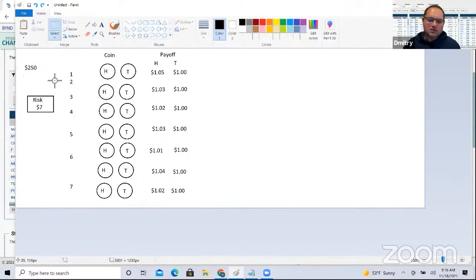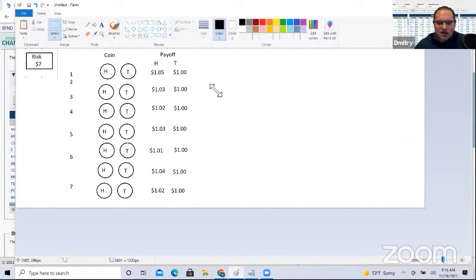So let me ask you this. If you saw this, does it make sense to you, now that we're looking at it, to say, I'm going to take $1, and I'm going to say, okay, this one looks good, 105. So I'm not going to bet $7 equally here.